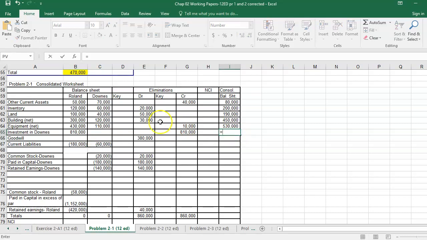So this is going to be my original debit of 810 minus my adjustment. Here's my goodwill. And I can just add these together. They're going to come out to be negative because they're credits. These I can also add. It's going to be a 0, so I can just copy that down.